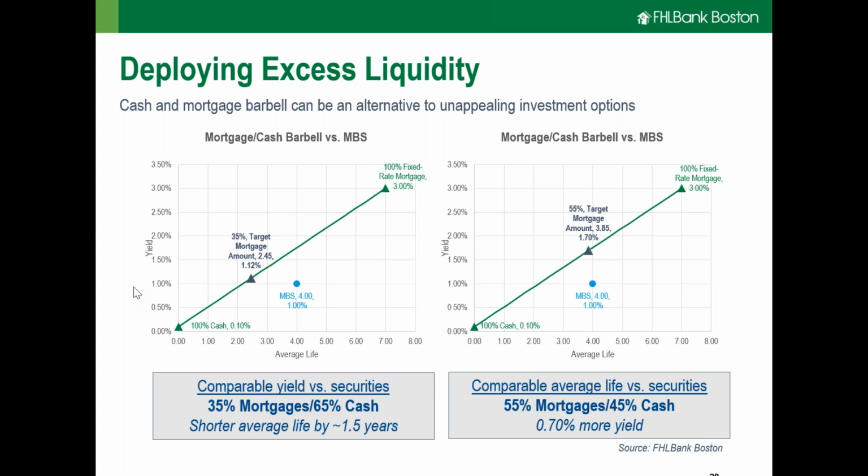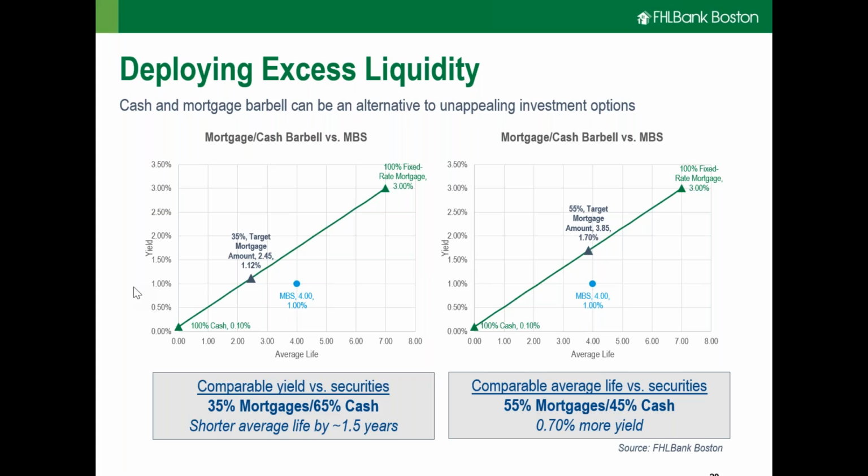And another way to think about this is creating your own investment alternative. So you don't like yield, spread, average life, or premium with MBS. So you replicate your own with a mortgage and cash barbell strategy. If you look at the chart on the left, we're showing a 4-year average life MBS with a yield of 1%.